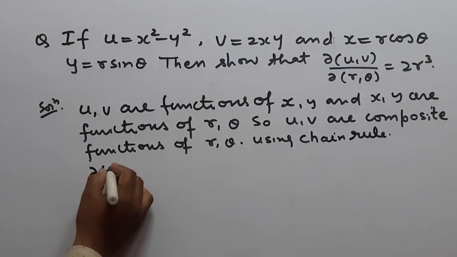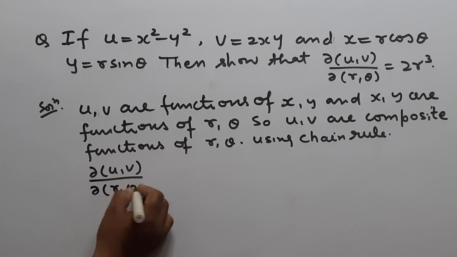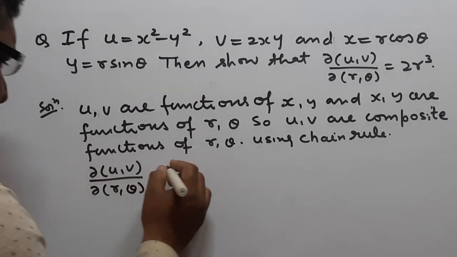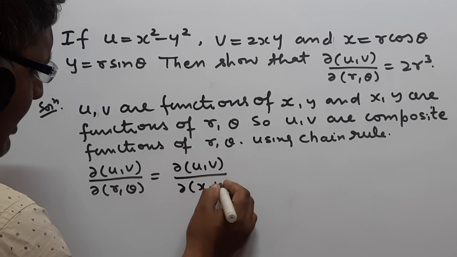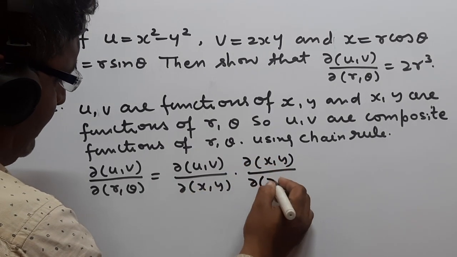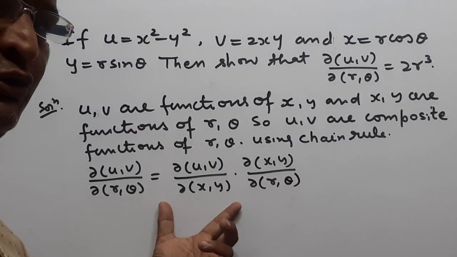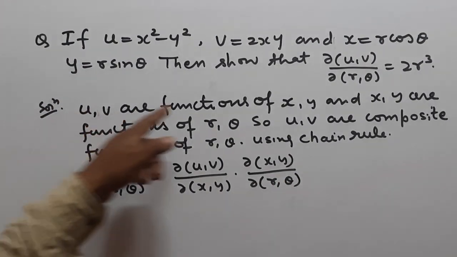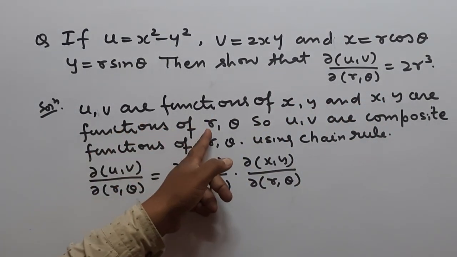you can see here del uv upon del r theta can be written as del uv upon del xy and del xy upon del r theta. This is the property of Jacobian. Here u and v are functions of x, y, x and y are functions of r theta.